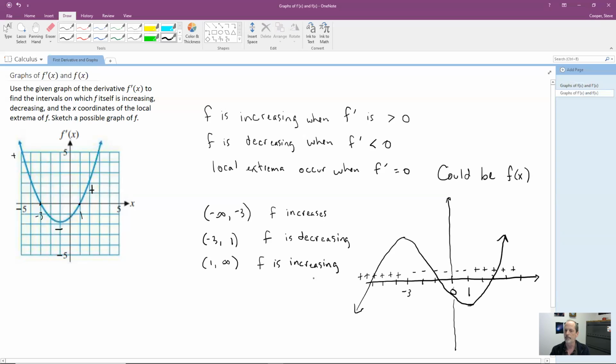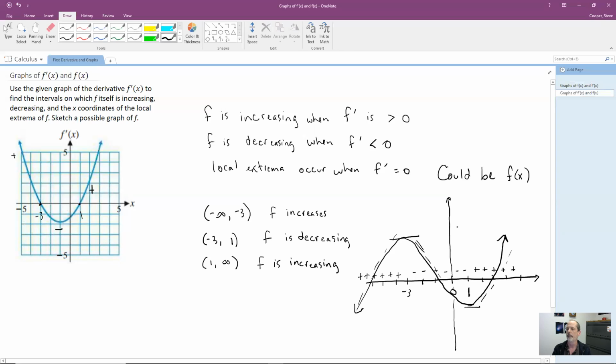Because my slope, f prime, said I'm above the x-axis, meaning f prime's positive. So these are all positive slopes till it hits the -3 where f prime is 0. That's my slope of 0. And then it's negative, so my slope is negative throughout here of the tangent on f. Flattens out at 1, and then it's positive again.